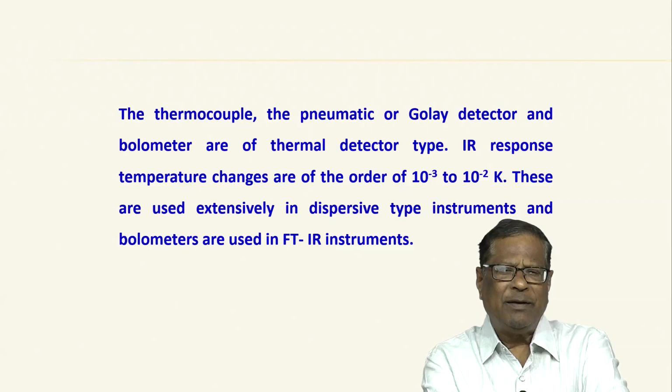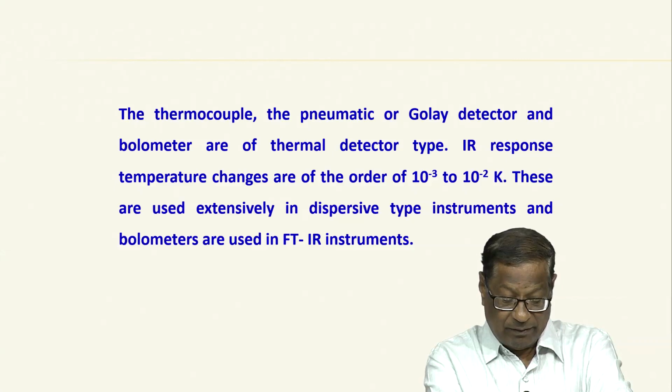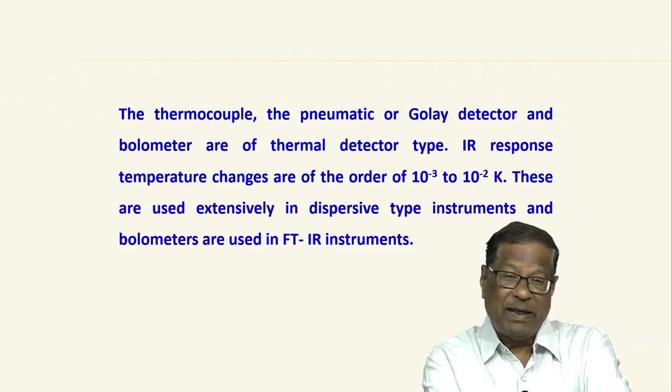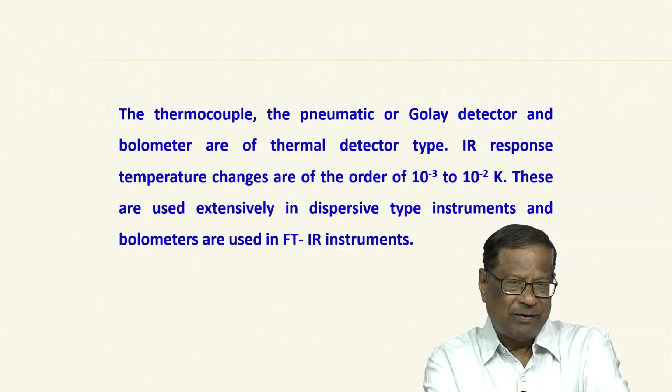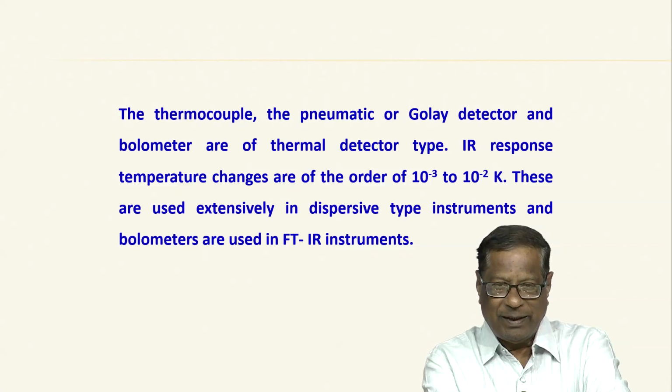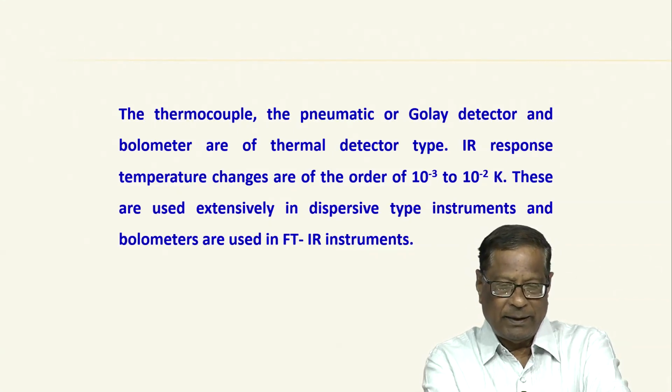These are all different kinds of detectors developed over a period of time, and most of them are in regular use. Not that they are in any way better than the existing ones, but they do have certain advantages over others. I am not going into the details, but I am just going to explain the principle in general.